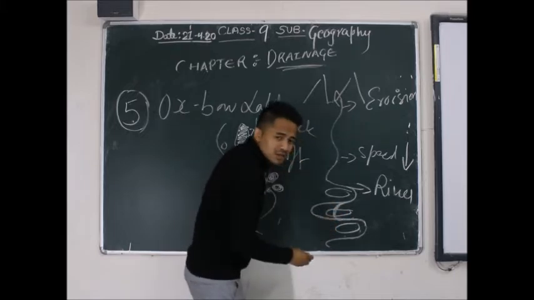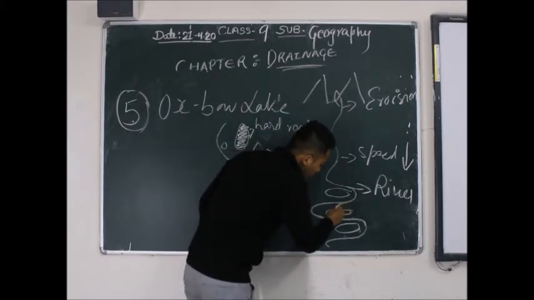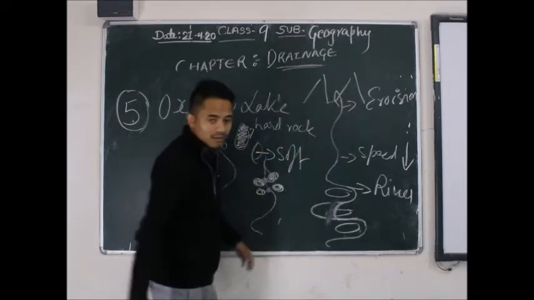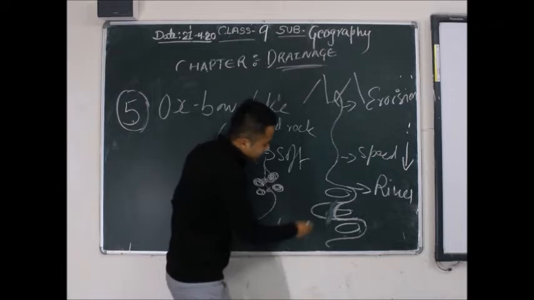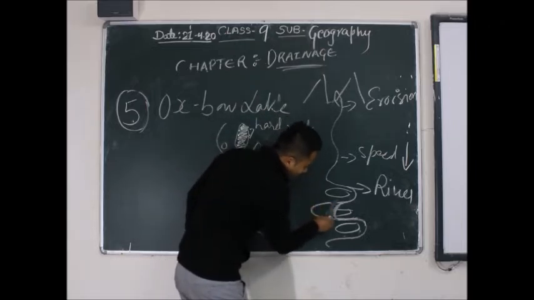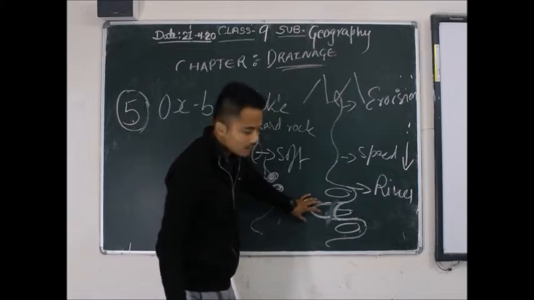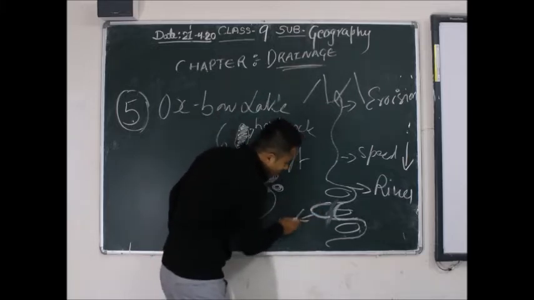It may take millions of years, or it may take some time. But when the river slowly breaks down the hard rock and it divides, this area is left like a lake, a bow-like structure of landmass, and this area is called Ox-Bow Lake.